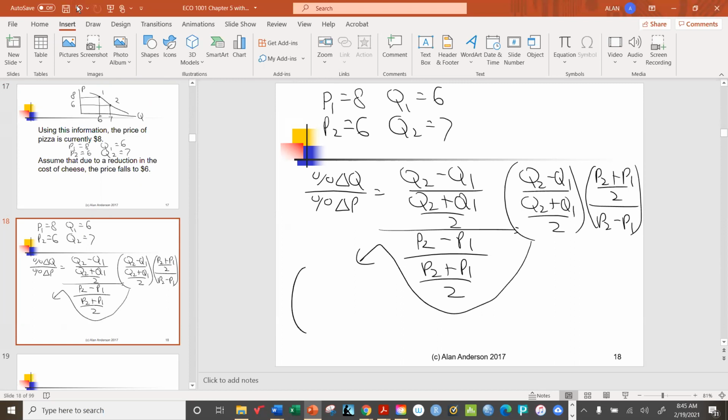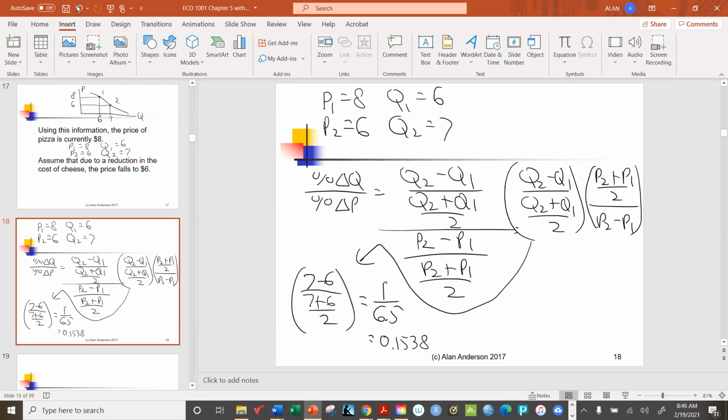I'm going to wind up with 7 minus 6 over 7 plus 6 over 2. Okay, and that's equal to 1 over 6.5, which is approximately equal to about 0.1538.